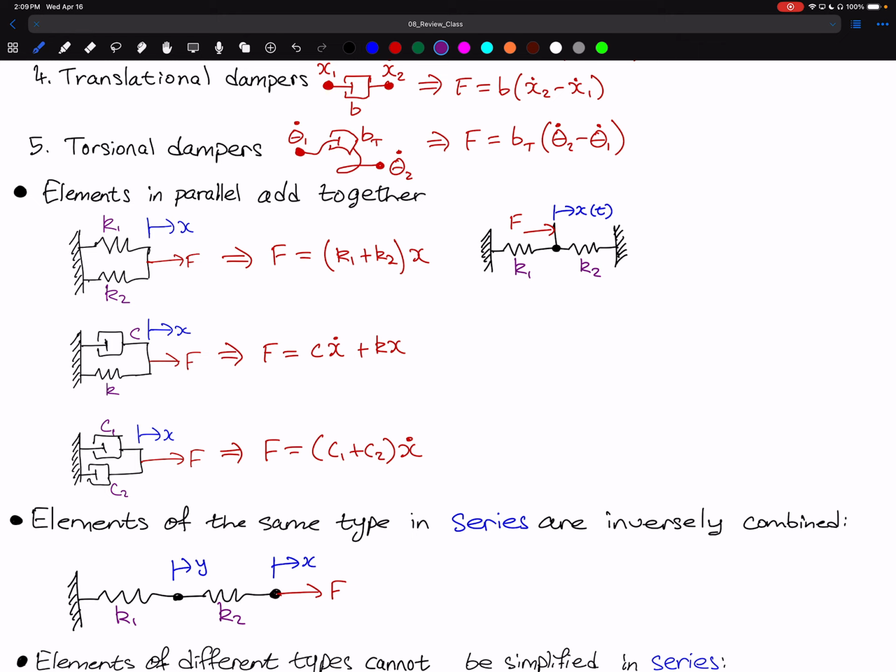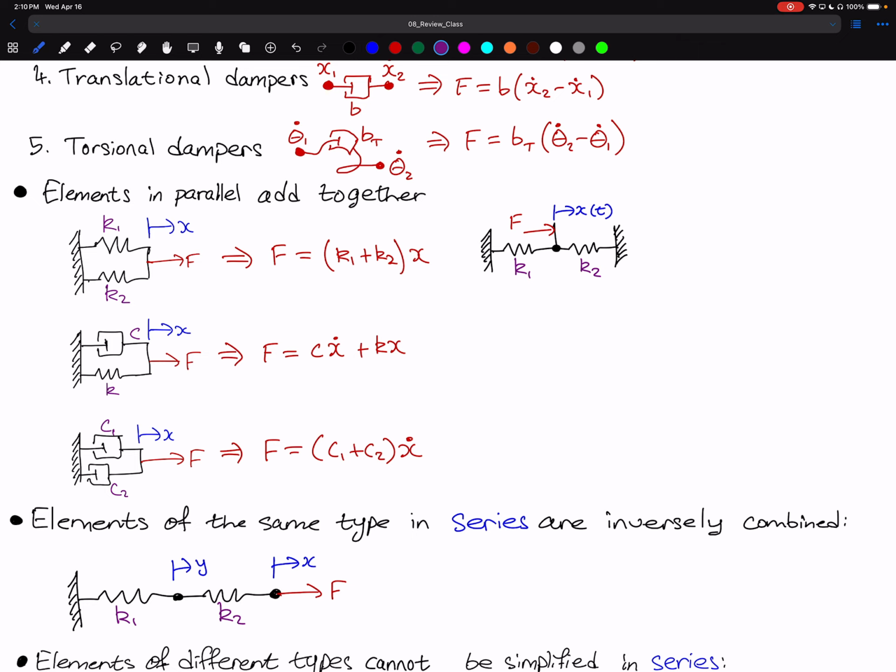They look like they might be in series, but we're looking at what's happening between the two springs, as shown here. This is equivalent to them being in parallel. And we'll talk about why, what's different in this case versus when we look at what they are in series. The key thing is that we're looking at the center of this point. The two springs are grounded on either side.